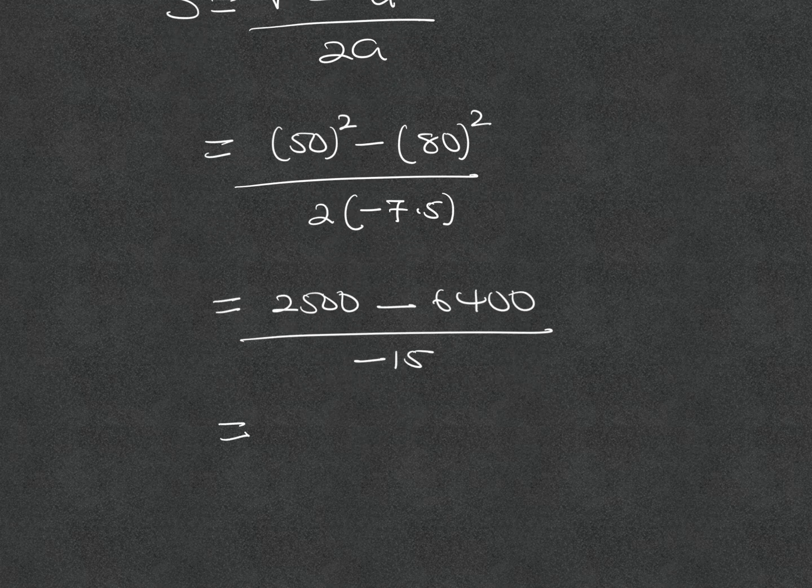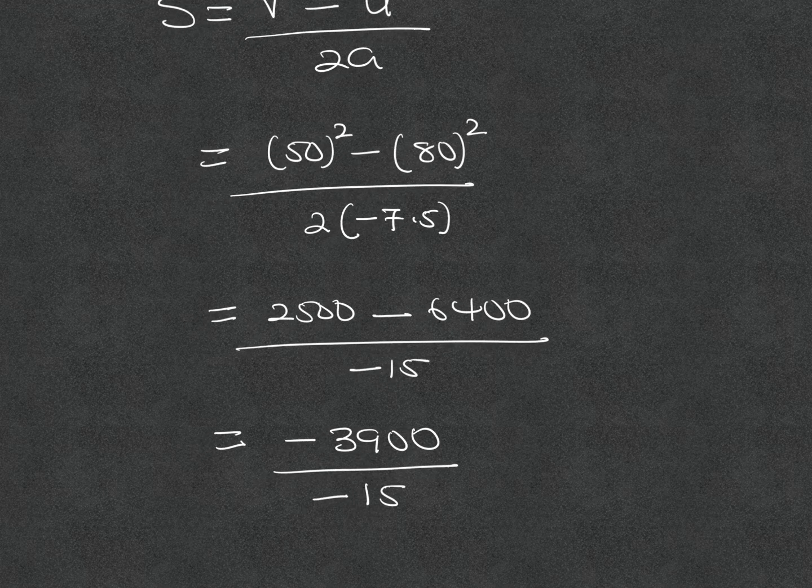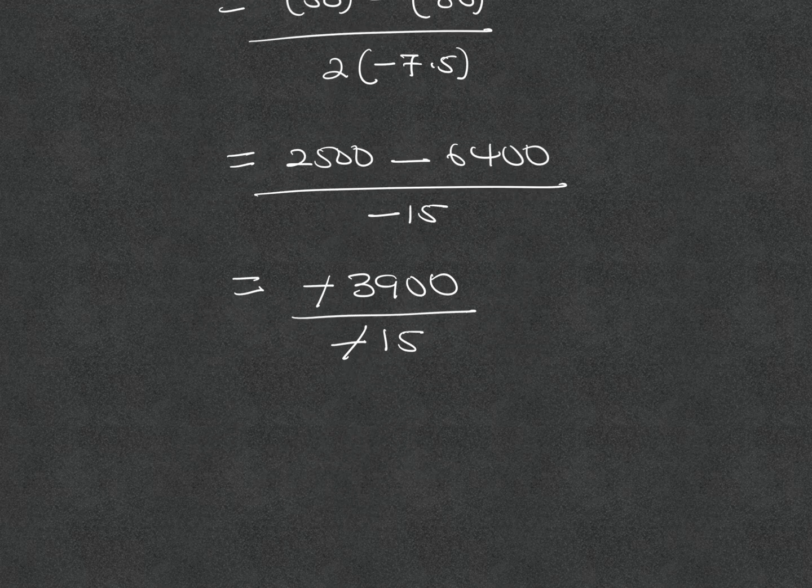So 2,500 minus 6,400 is negative 3,900 divided by negative 15. The negative signs will cancel out, so we'll have 3,900 divided by 15, which is 260 meters. Okay, any of the formulas or equations you use will work. All right.